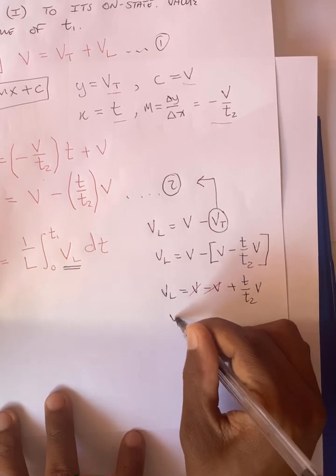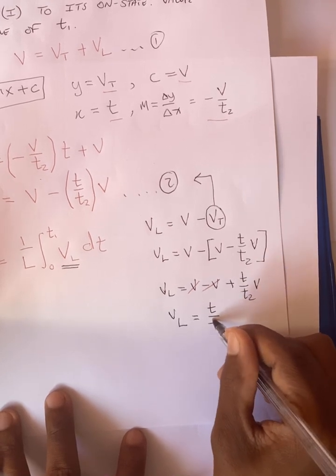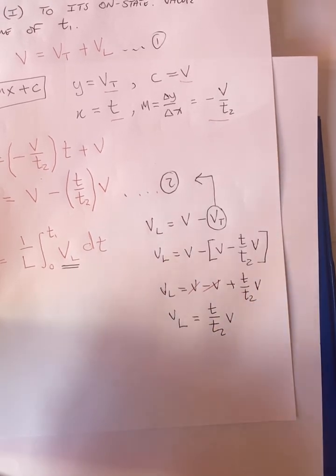So essentially our VL is going to be equal to t divided by t2 times V.